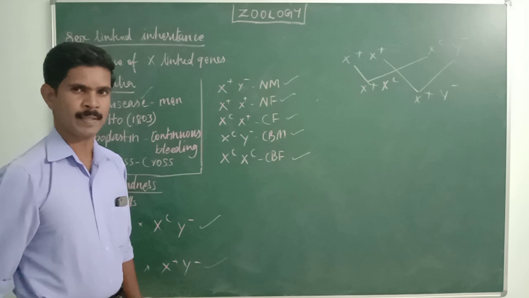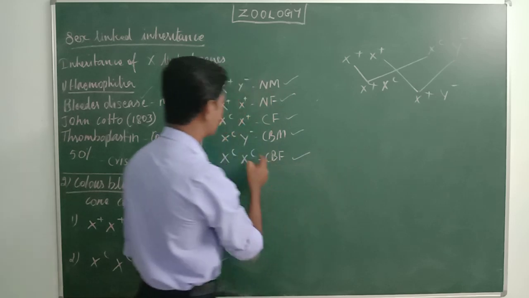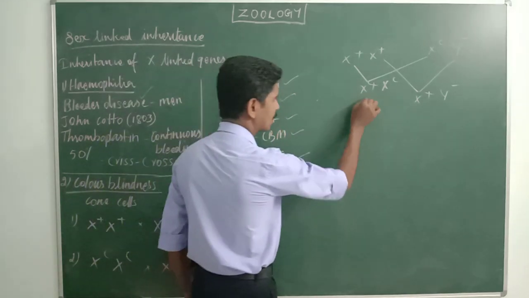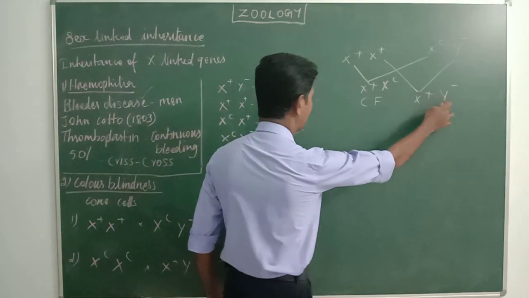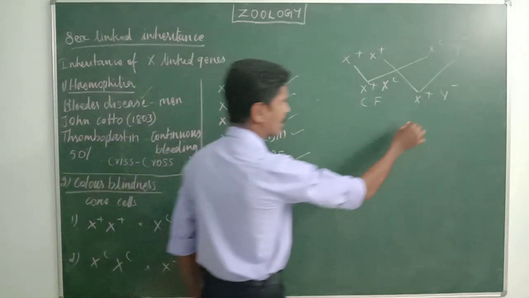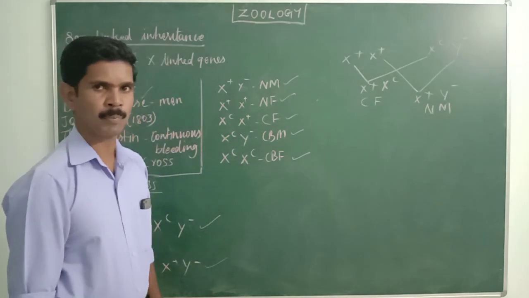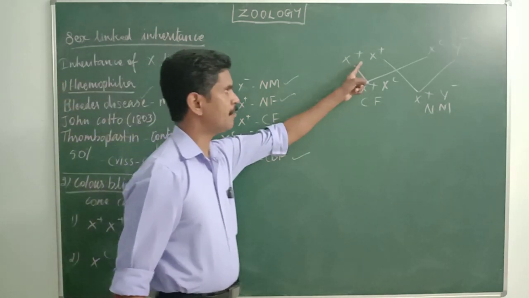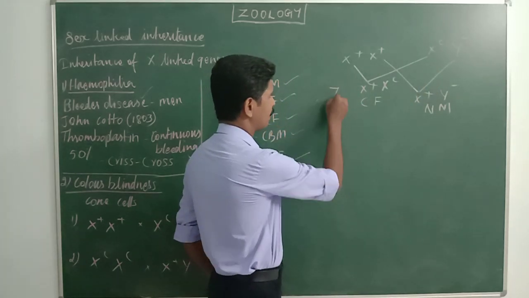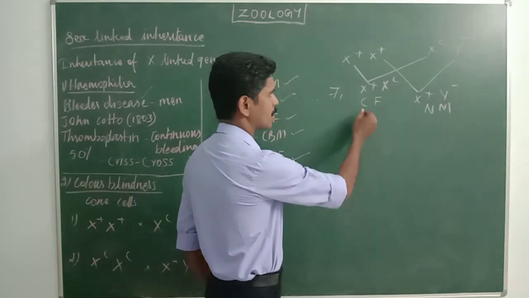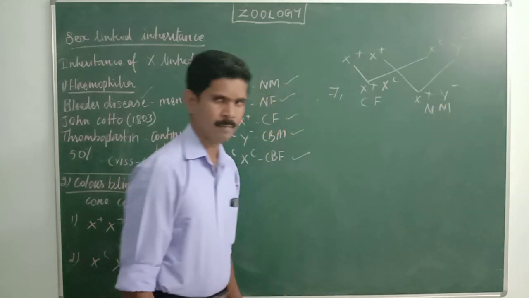X plus XC is the carrier female, and X plus Y minus is the normal male. So when a normal female marries a colorblind male, in the F1 generation there is a possibility of getting one carrier female and a normal male.